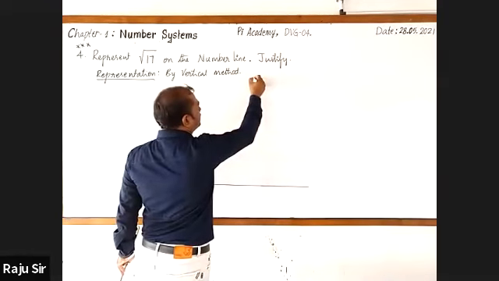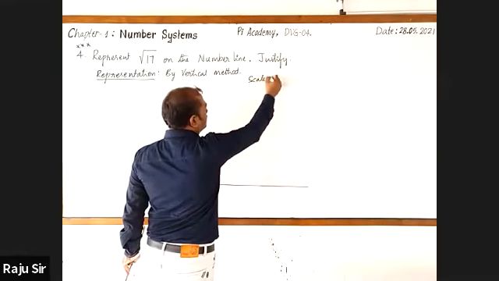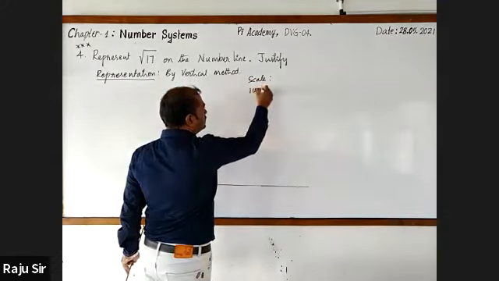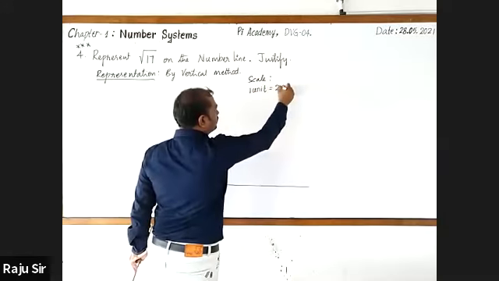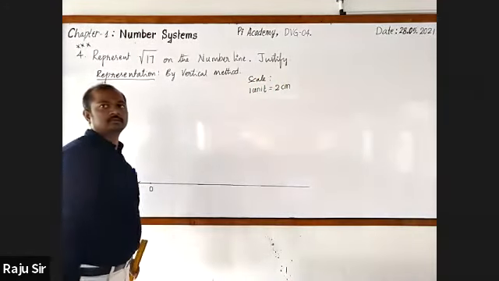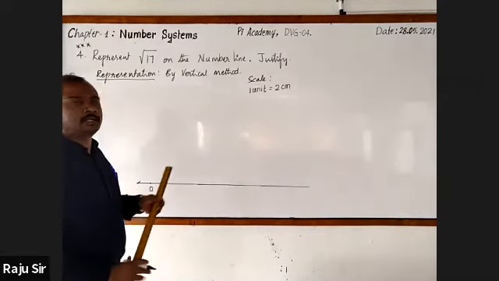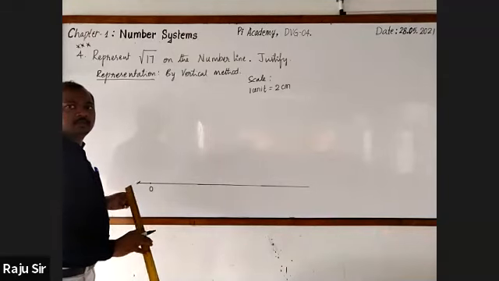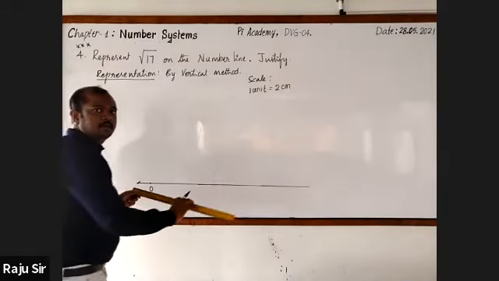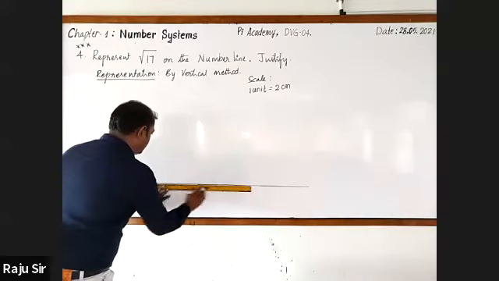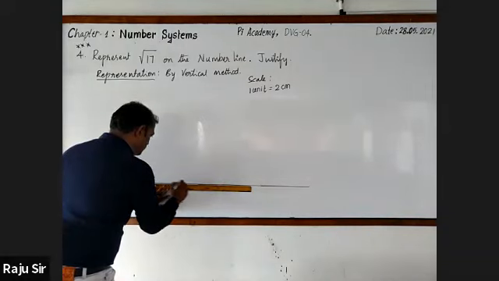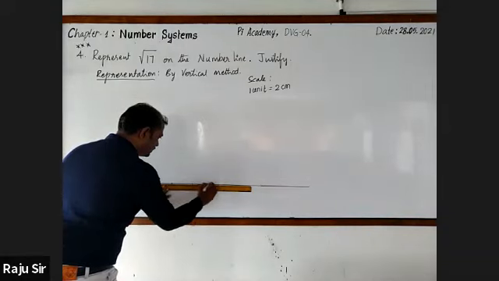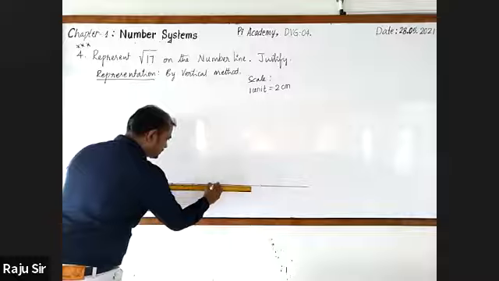You can write that as the scale: 1 unit is equal to 2 centimeters. Take scale and pencil. From 0, please go on marking for every 2 centimeters.